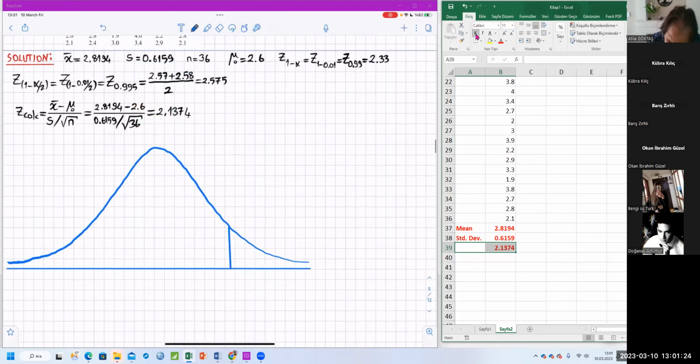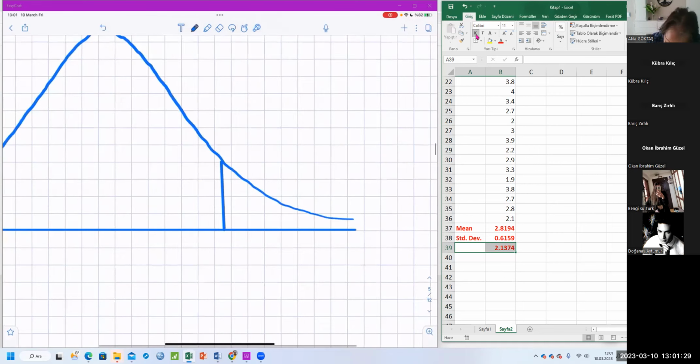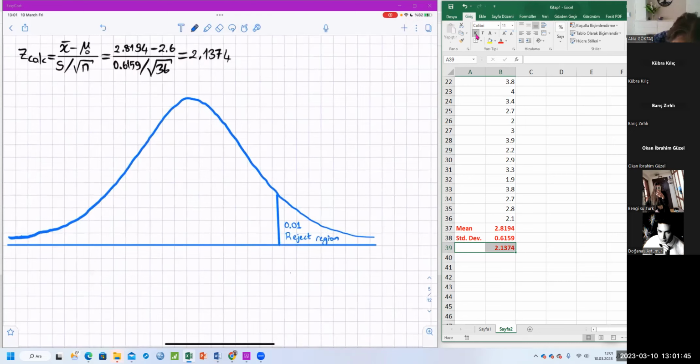This is the reject region, the 0.01 level of significance, and that's the accept region.